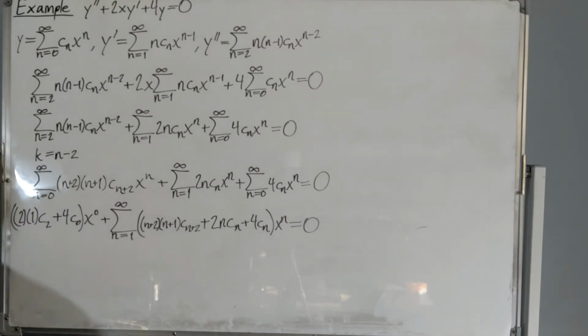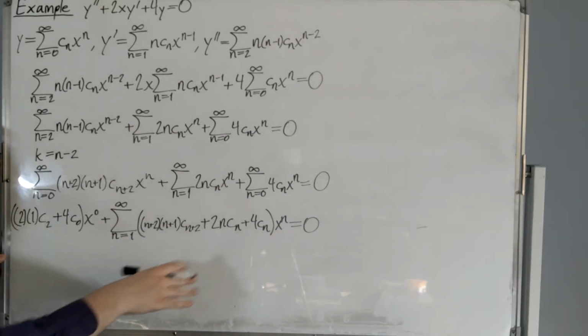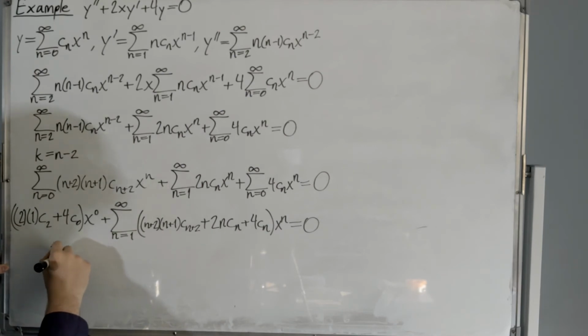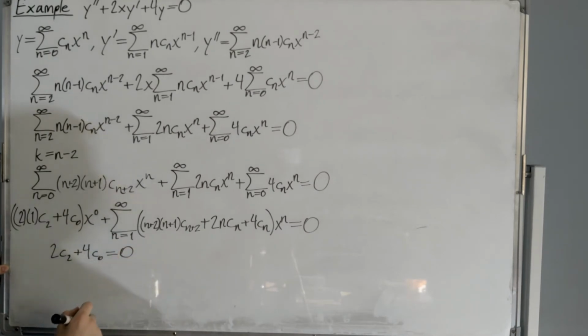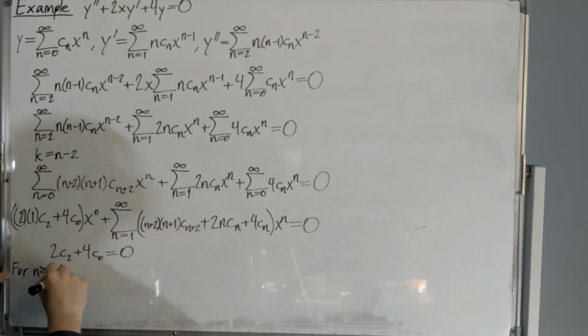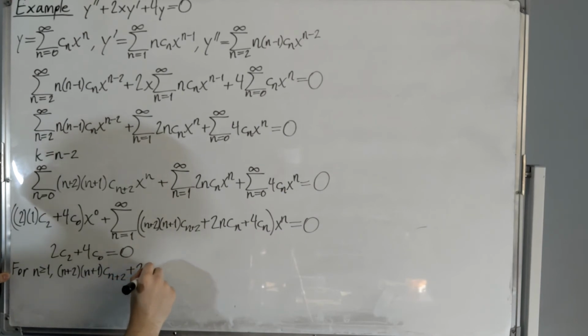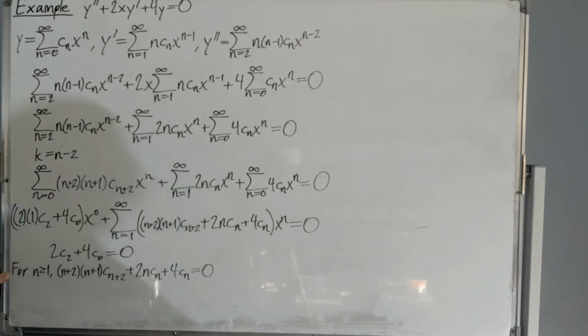So at this point, we have a power series equal to 0, so that means all of its coefficients are 0, which means 2c2 plus 4c0 equals 0. And for n greater than or equal to 1, n plus 2 times n plus 1 times c n plus 2, plus 2n cn plus 4cn equals 0.